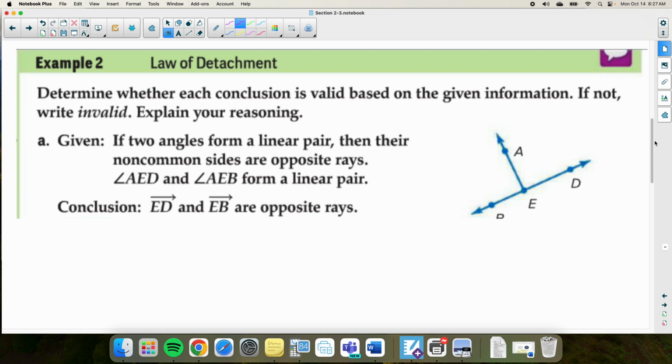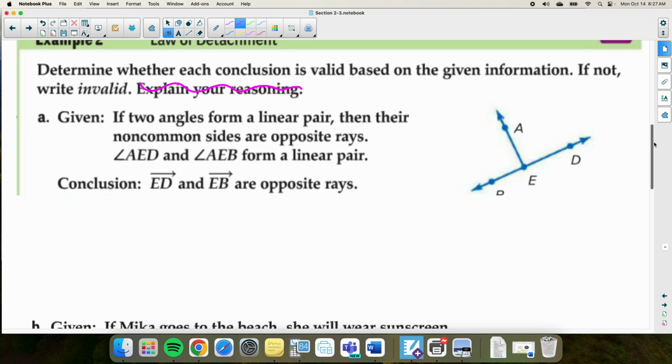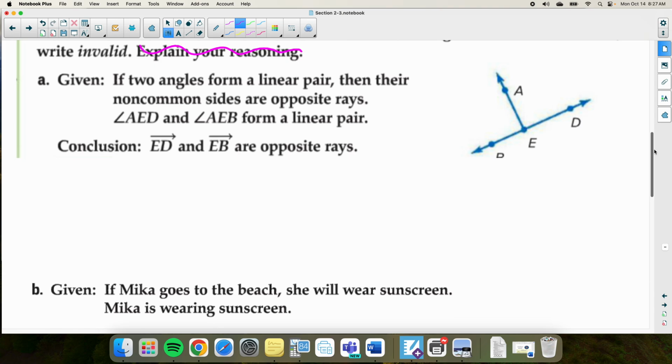All right, now if we look at this example, I will tell you first of all, when you guys are doing this, today it's going to say explain your reasoning, and you do not have to do that at all today, okay? This example is harder because it has so many words. It's a little bit harder than what some of them are. So it says, if two angles form a linear pair, that's my P, then their non-common sides are opposite rays.